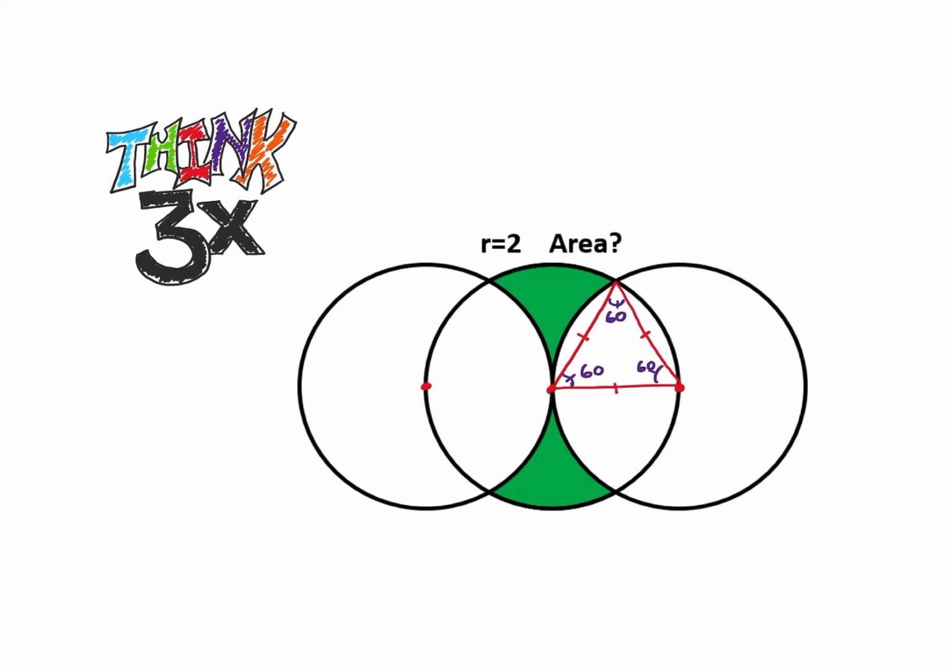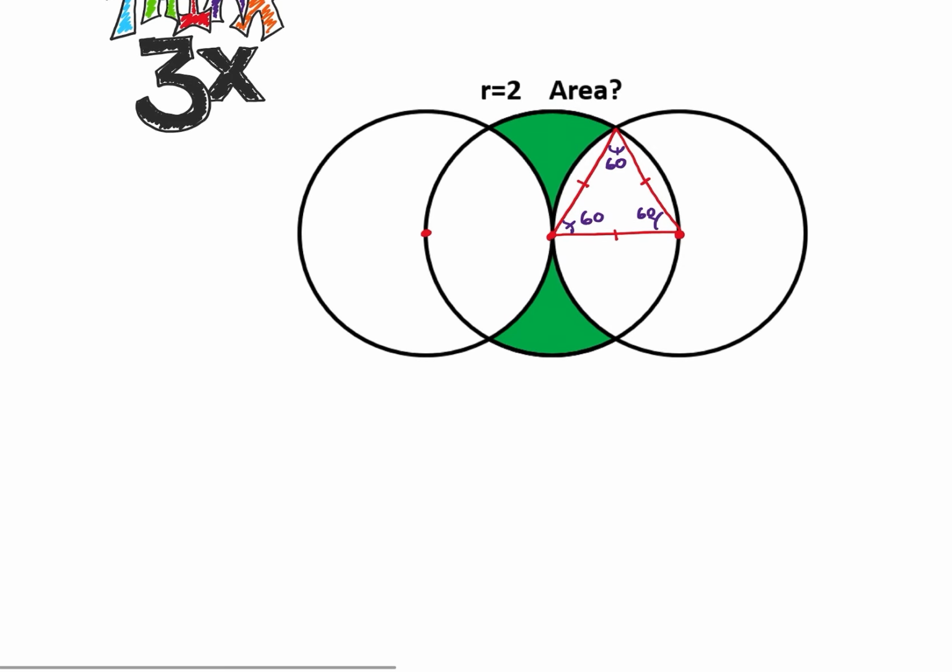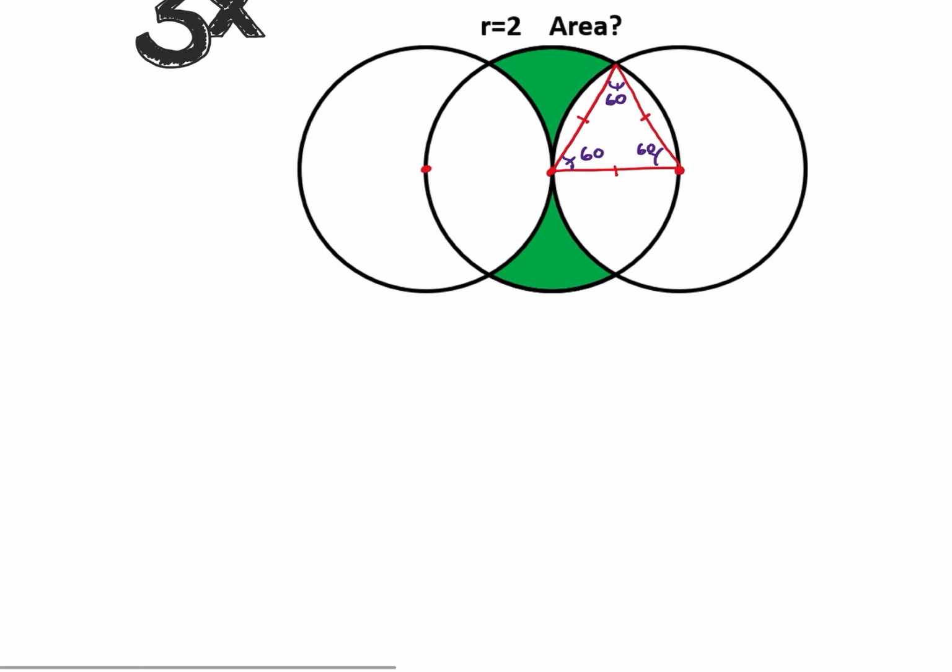So overall, what I want to note is that when I look at this circle, if I want to calculate the area of the green, which I'm going to call A sub g, that area of the green is going to be the area of a whole circle minus 4 times the area of this shape, which I'm just going to draw here.